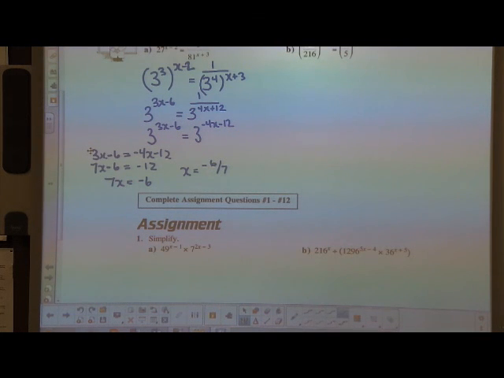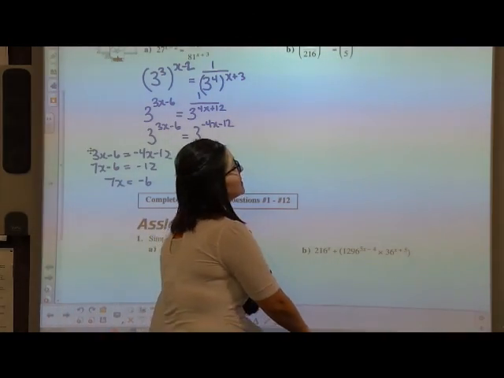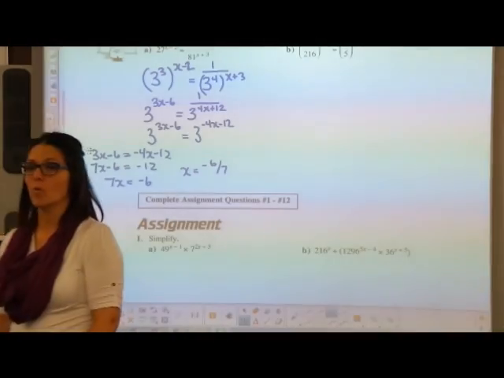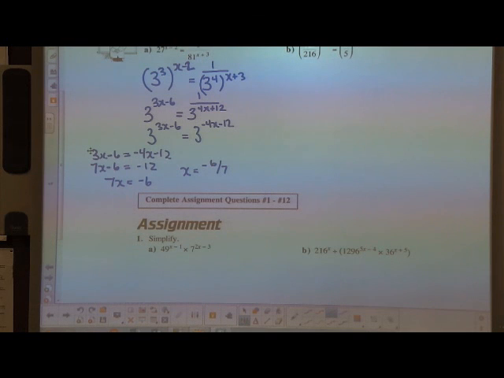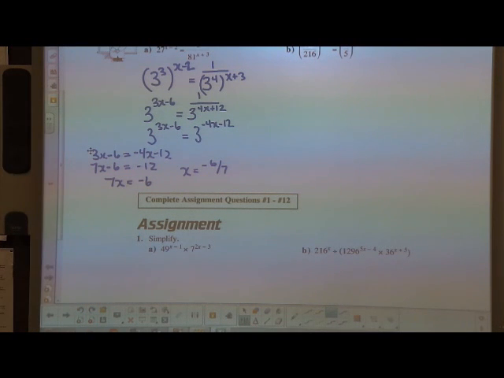Finally, if we look at B, I have 125 over 216 to the power of negative x over 4 is equal to 6 over 5 to the power of 3x minus 3. How do I figure out what my common base is going to be? What hints or strategies could I use?